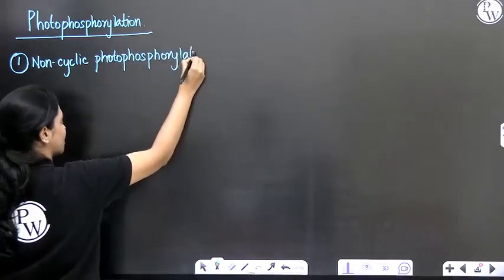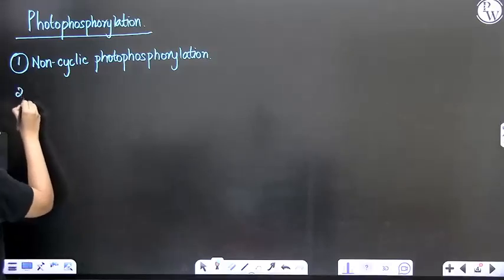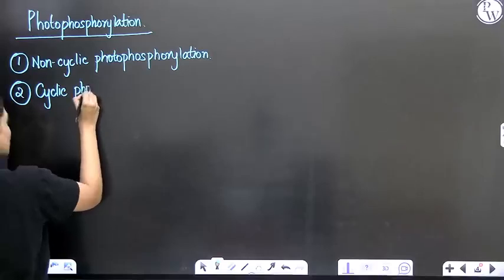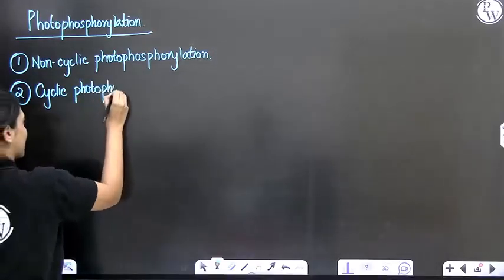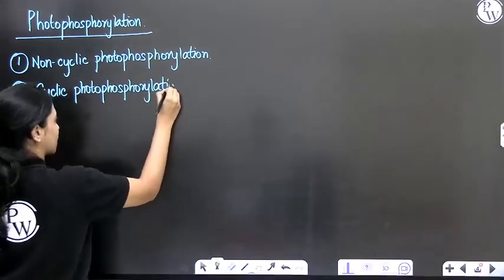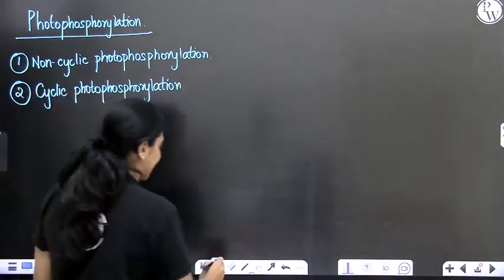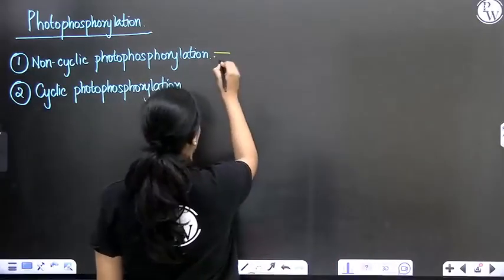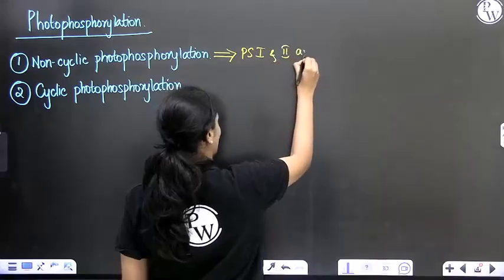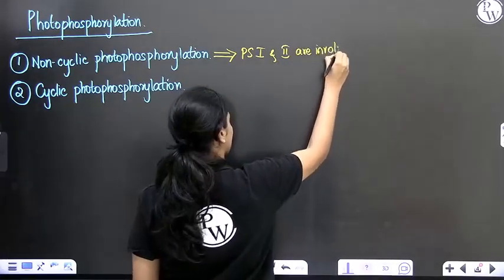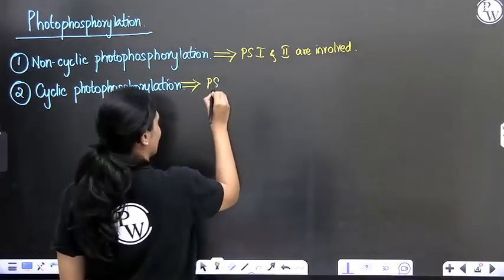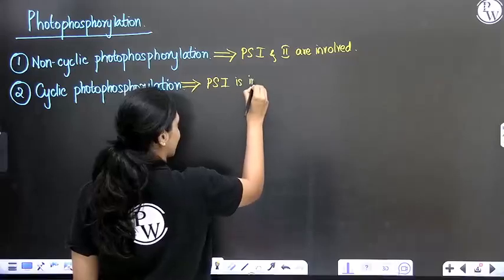Pay attention. The second type is called cyclic photophosphorylation. In non-cyclic photophosphorylation, both the photosystems PS1 and PS2 are involved. In cyclic photophosphorylation, only PS1 is involved.